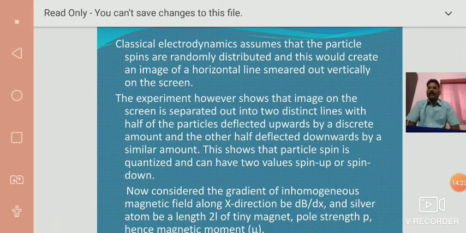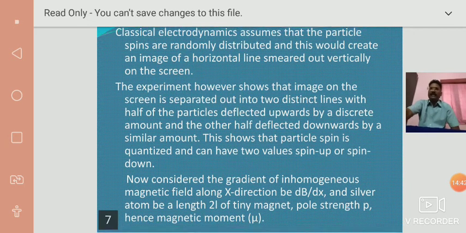Classically, electrodynamics assumes that the particle spins are randomly distributed, and this would create an image of a horizontal line smeared out vertically on the screen. What I said previously is the meaning of the splitting of the spectral nature in the atomic spectrum.